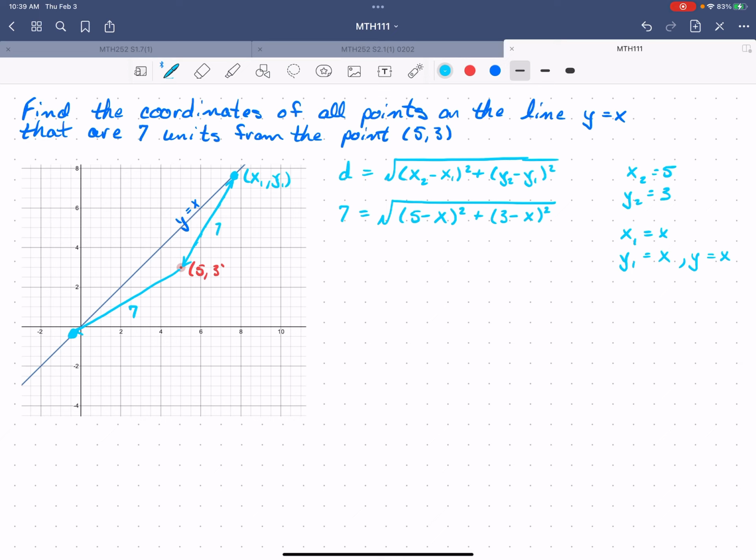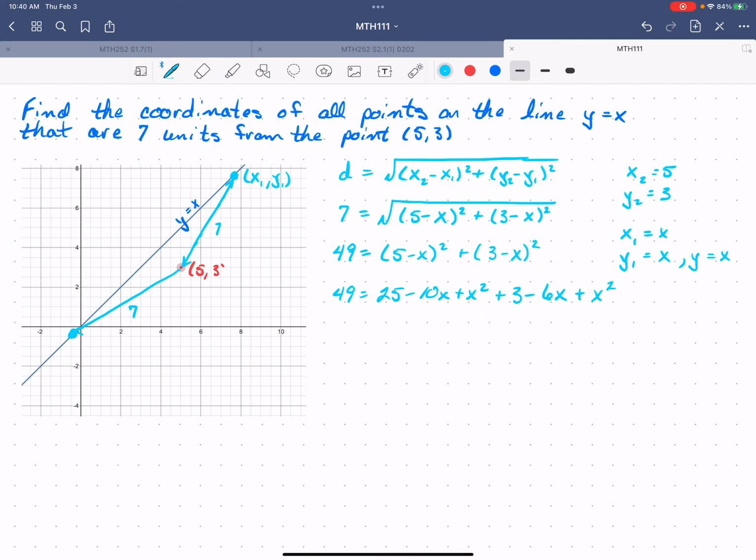Okay, so now I need to solve this to find x. So what I can do is I can square both sides, and that gives me 49 is equal to (5 minus x) squared plus (3 minus x) squared. So 49 is equal to 25 minus 10x plus x squared plus 9 minus 6x plus x squared.